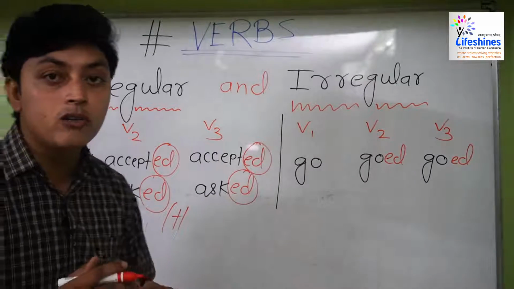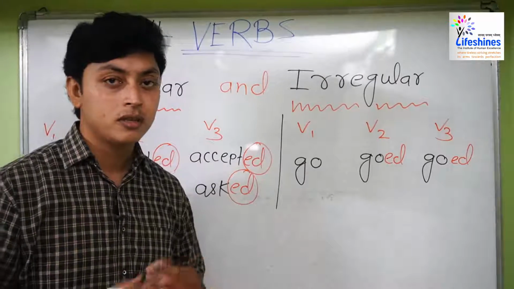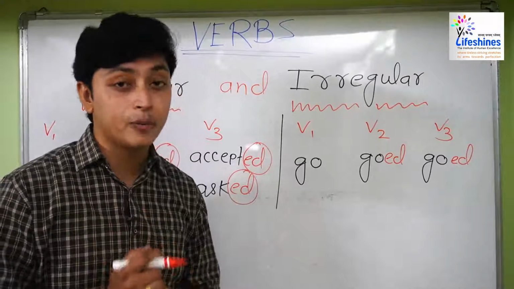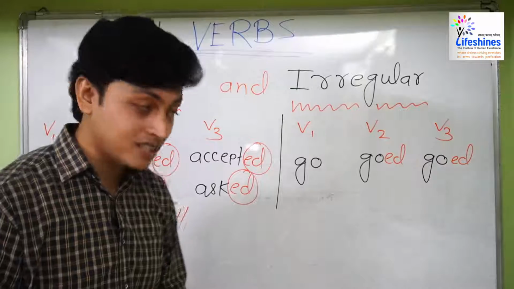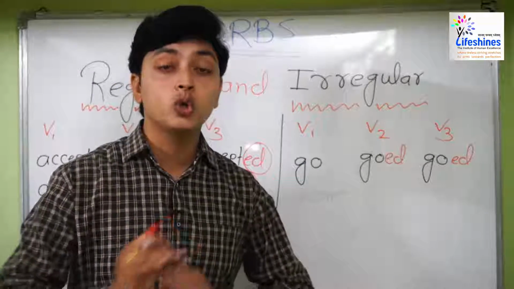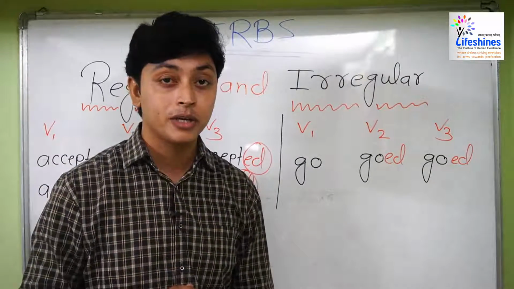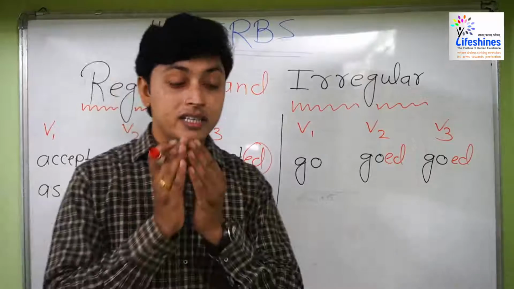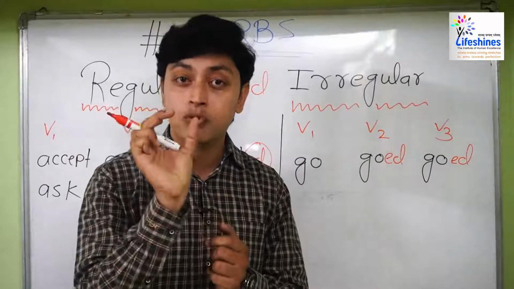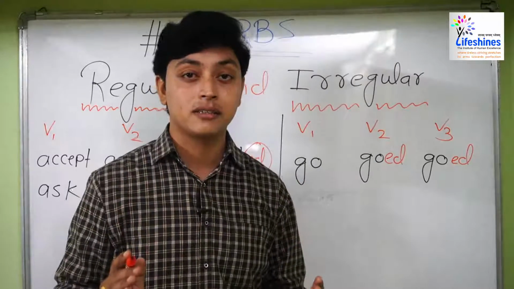So regular verbs are very much predictable and you don't have many problems with them. But when it comes to irregular verbs, they are absolutely unpredictable. You cannot predict them. There might be a simple base form, and the second and third form might be something else.